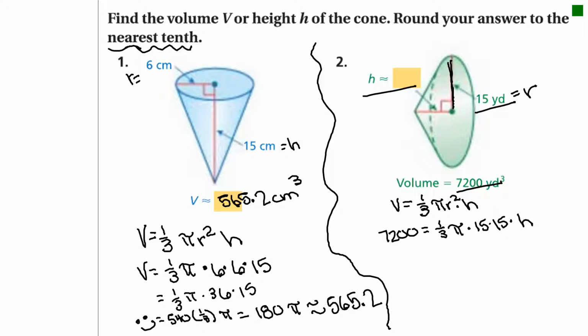Now I'm going to go through and do that multiplication. 7,200 equals 1/3 pi times 15 times 15 is 225 times h.